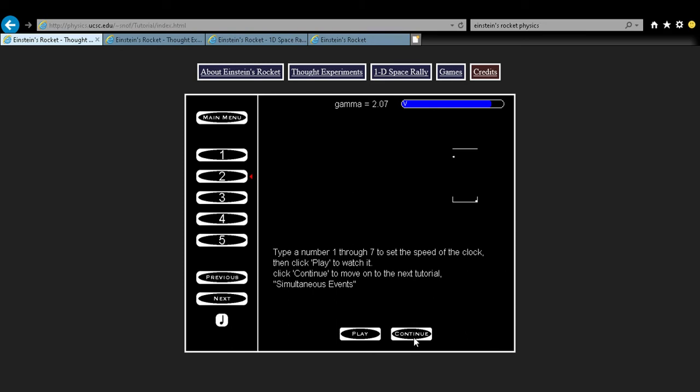Okay, so again, I'll start with 1, and then I'll do a 7. So something that's moving very slow compared to the speed of light is effectively almost Newtonian. On the other hand, if you're a sizable fraction, it really becomes noticeable if you start becoming 40% the speed of light or higher.